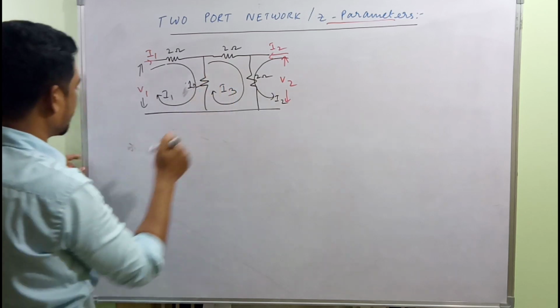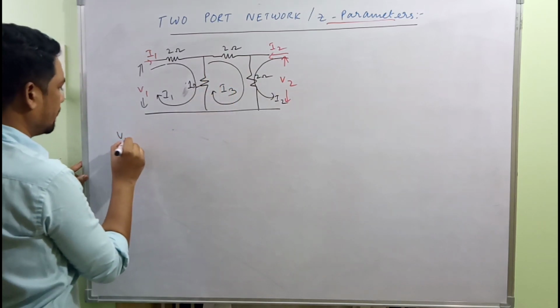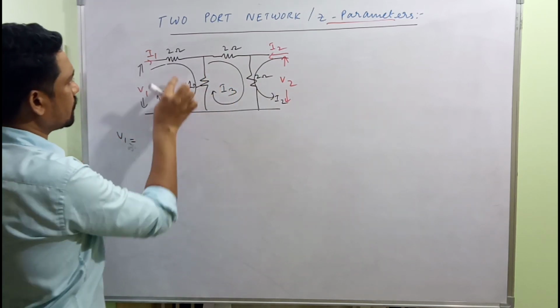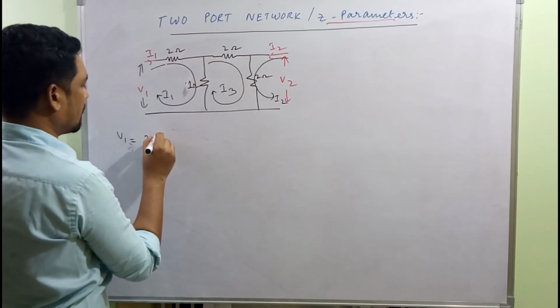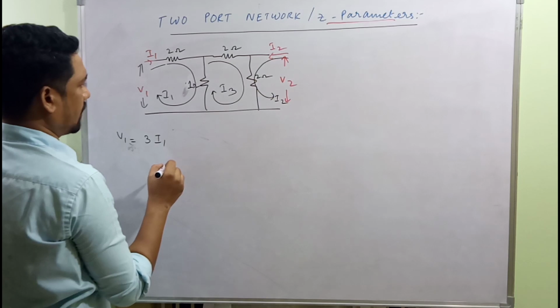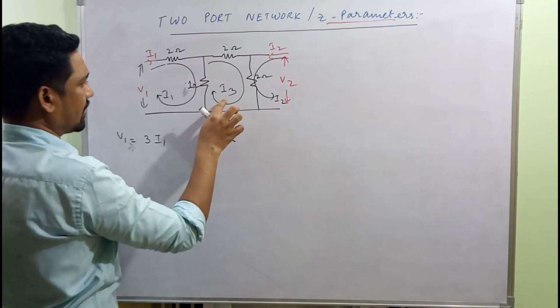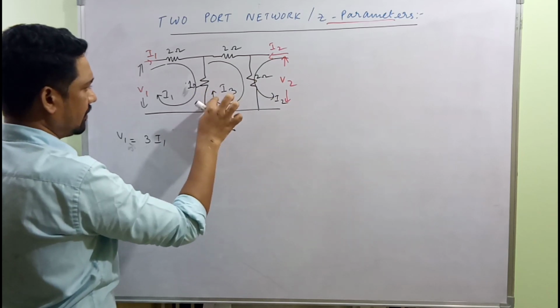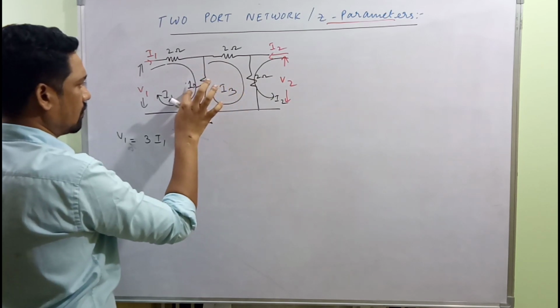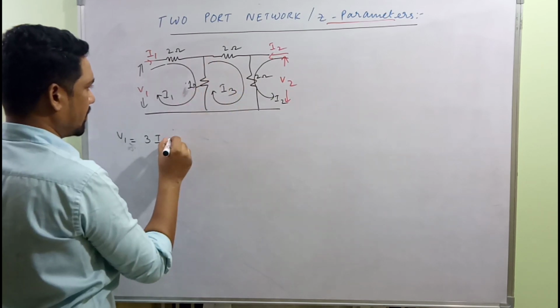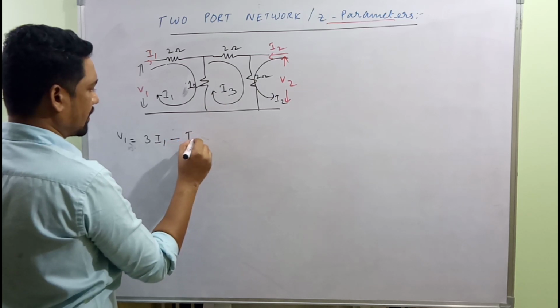So here V1 will be equal to 3 times I1, since I1 is flowing through 2 ohm and 1 ohm. Another current I3 is also flowing through 1 ohm against I1, so that will be minus 1 times I3.